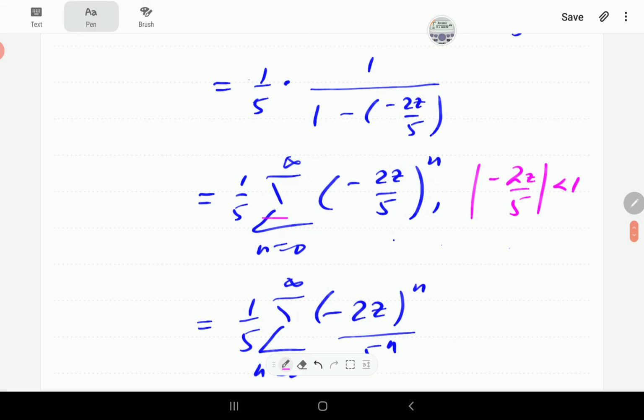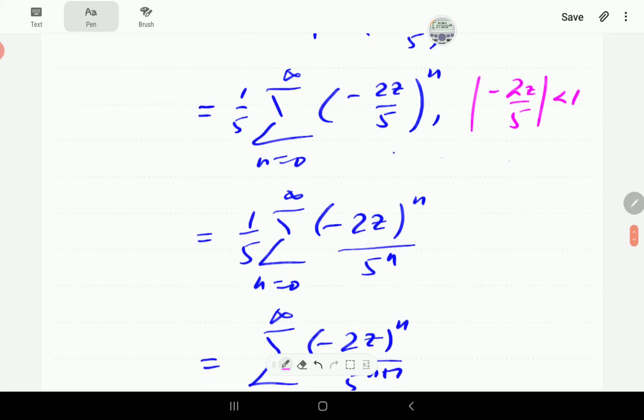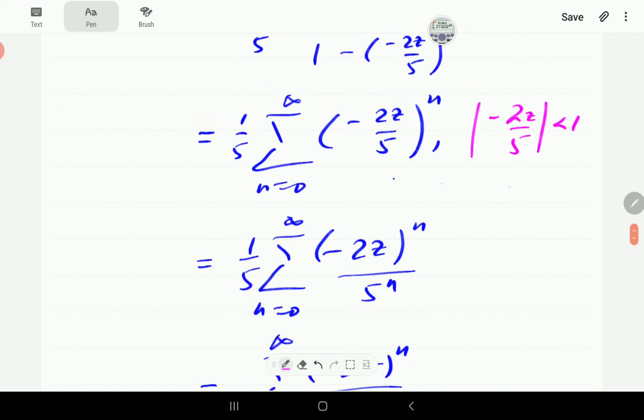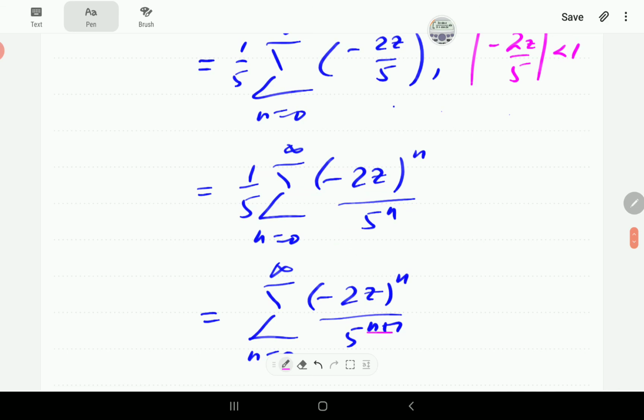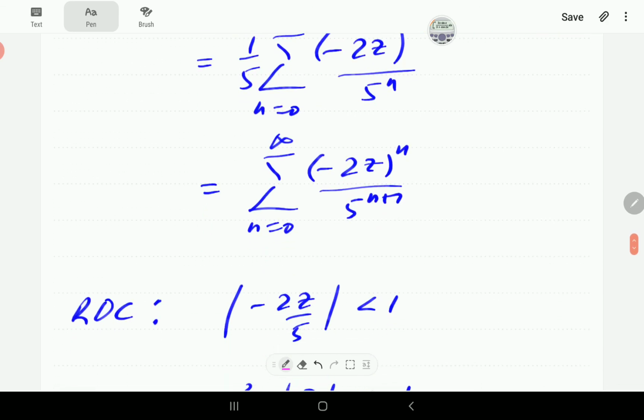So this is going to be our summation, and then straight away this is magnitude of w is less than 1. So we'll just leave it here for now, but it's always a good idea to write it immediately. We'll go from this step to that one. Then simplifying this is going to give us negative 2z to the power n over 5 to the power n plus 1. So that is our Taylor series.